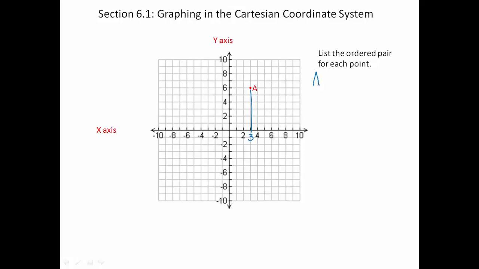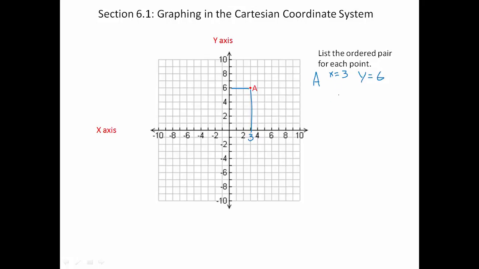So for point A, I know that my x value is 3. And then the y value, if I look to the side, it looks like it's 6. So I could say, oh, that's at the intersection of 3rd Street and 6th Street. So my y value is 6, and that is telling me exactly where that point is.